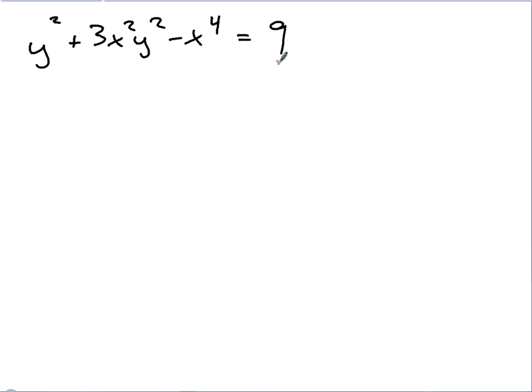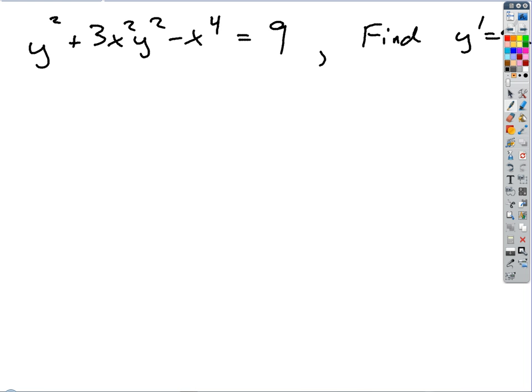Say I want you to find y prime, which is just dy dx. Can you solve for y in terms of x that time? I don't think so. That's going to be pretty hard to do. That's going to get seriously complicated, if it's even a tractable problem. But we could make this a very simple derivative by just differentiating implicitly. Just use the chain rule and differentiate both sides with respect to x. And it's no big deal.